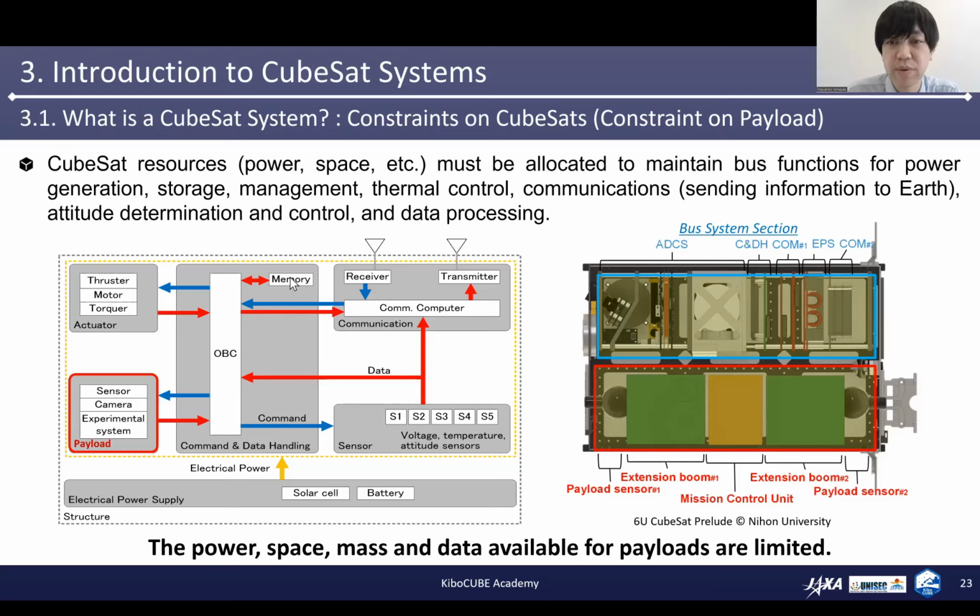Therefore, CubeSat resource, for example, power, space, etc., must be allocated to maintain bus functions for power generation, storage, management, thermal control, communications, such as sending information to Earth, attitude determination and control, and data processing. The power, space, mass, and data available for payloads are limited.